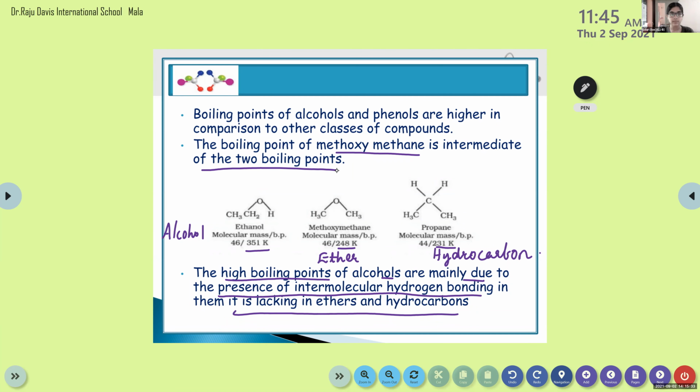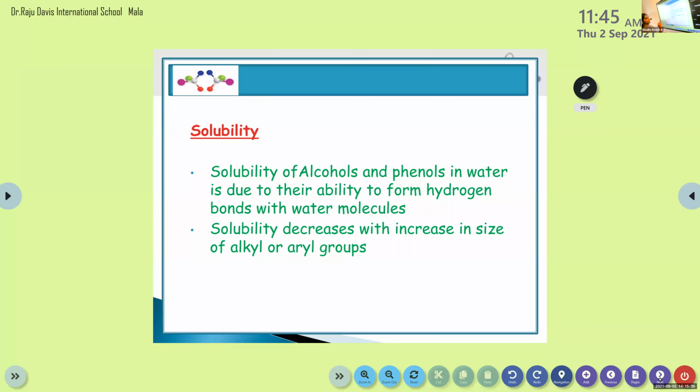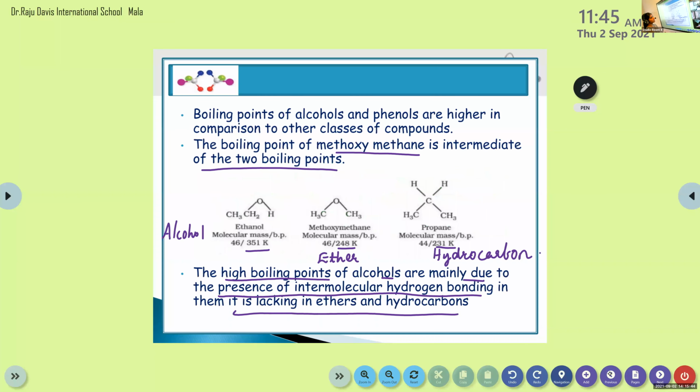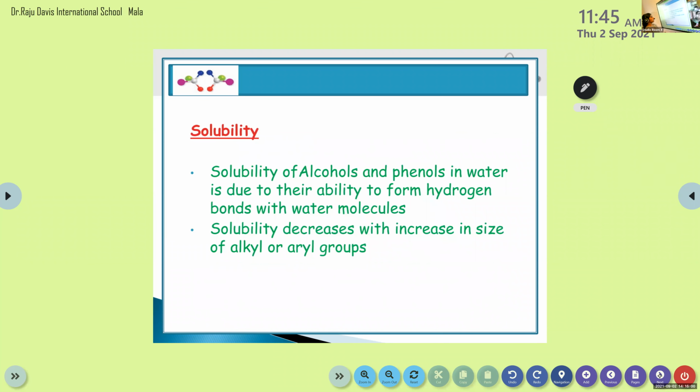Yes, okay. Then the next one is about solubility. Solubility of alcohols and phenols. Can you show the previous page once, please? Yes, this one, right? Then about solubility.